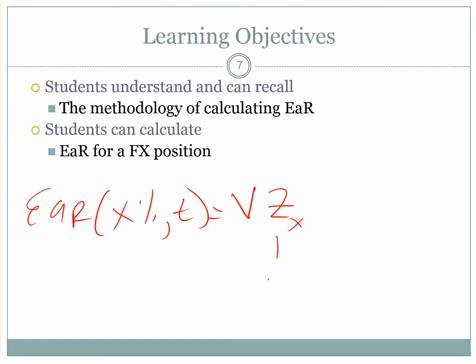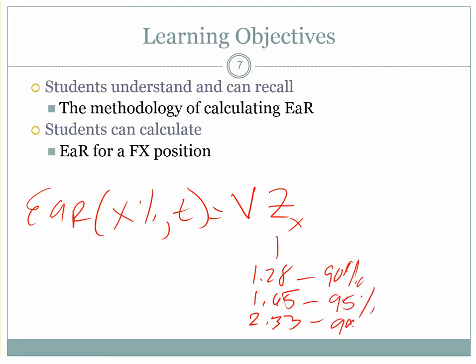That Z is going to be 1.28, 1.65, or 2.33, depending if you choose a 90%, 95%, or 99% confidence interval. The daily standard deviation, that's going to be dollars per FX times the square root of t days.